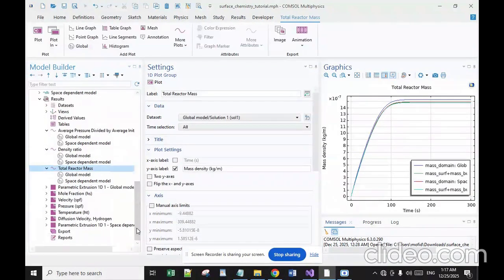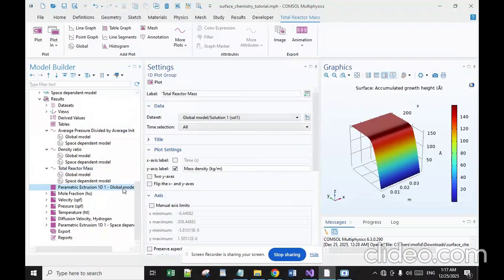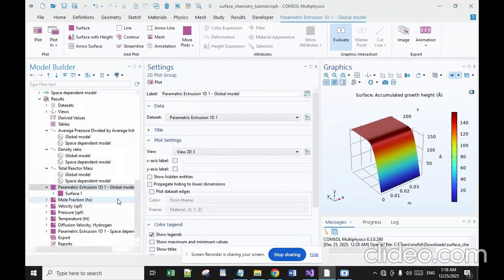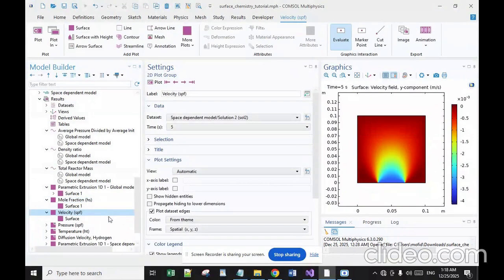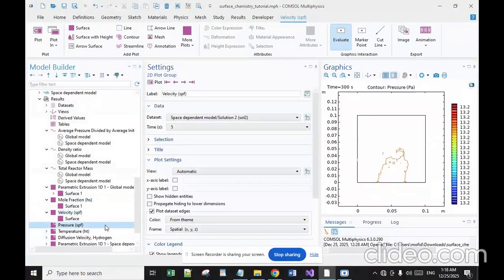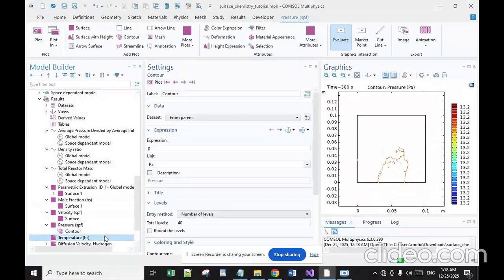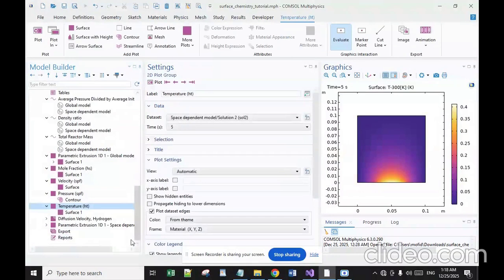You can see after a while the total mass density is fixed. Parametric extrusion, accumulated growth height, mole fraction, velocity, pressure, temperature, and diffusion velocity, hydrogen, and also parametric extrusion.